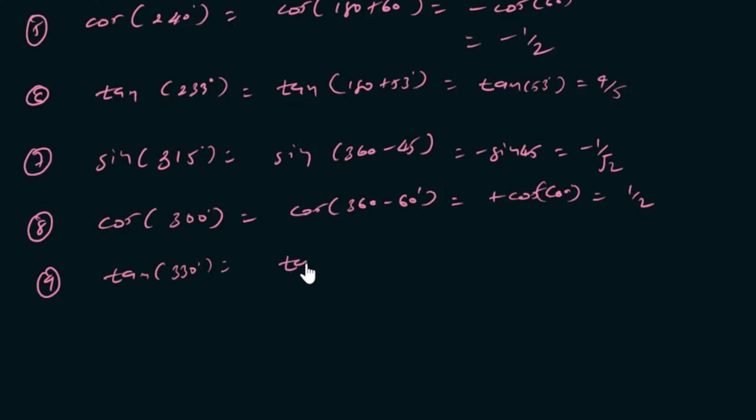So this is tan(360 - 30). Tan is negative in the fourth quadrant, so you just put -tan 30. This will be -1/√3. This is how you can reduce the formulas whenever you are given them.